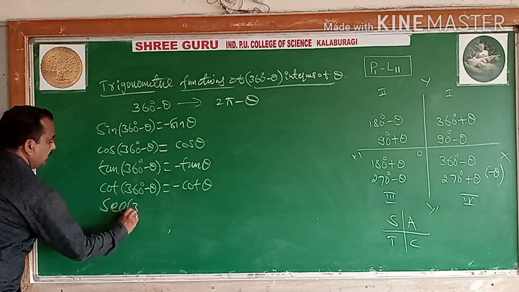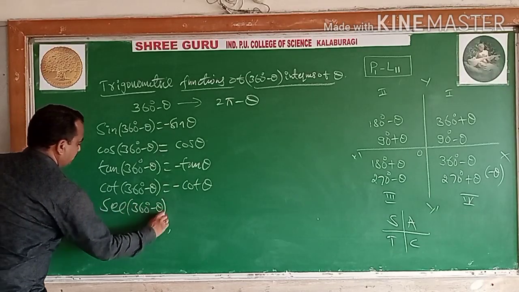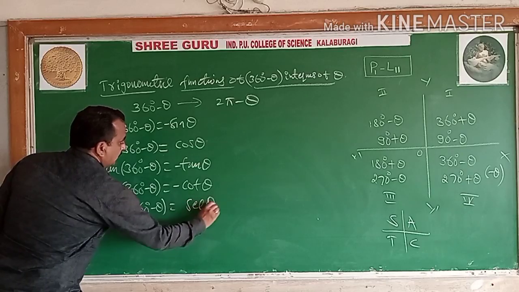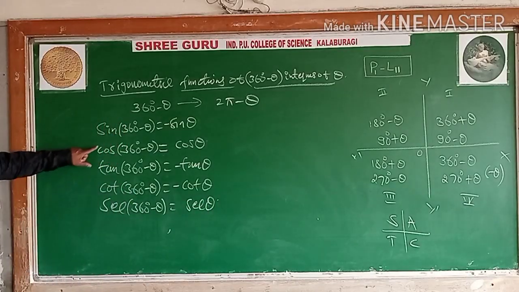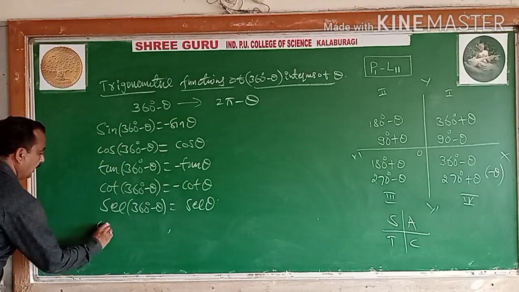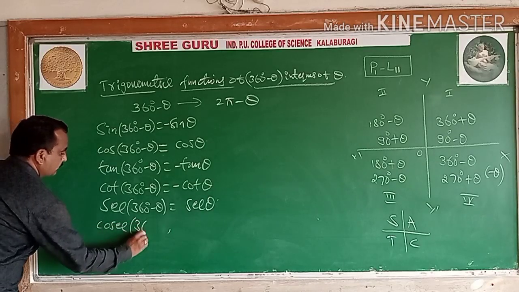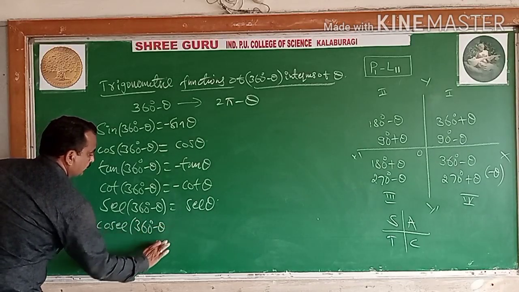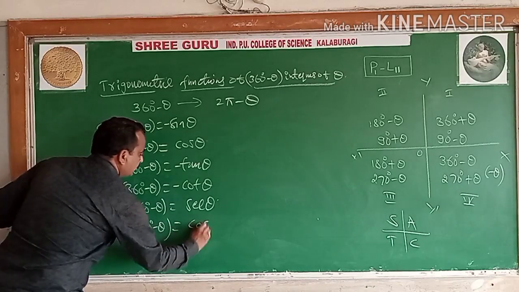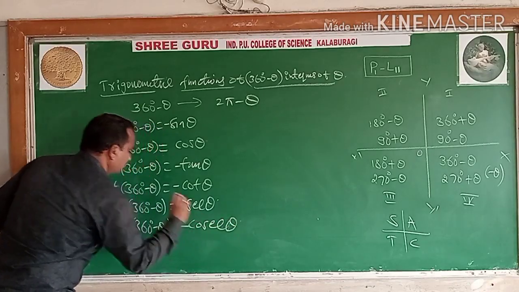Sec of 360 degrees minus theta is sec theta, positive, since cos and sec are positive and the remaining are negative. Cosecant of 360 minus theta is cosecant theta, so this is also negative.